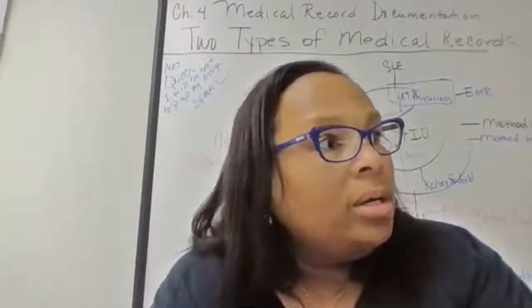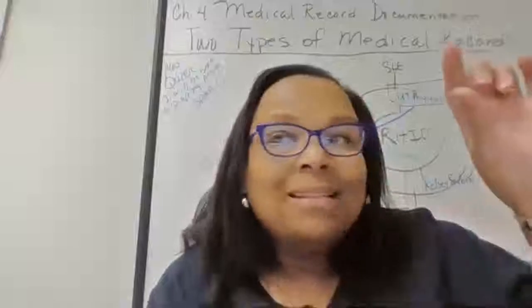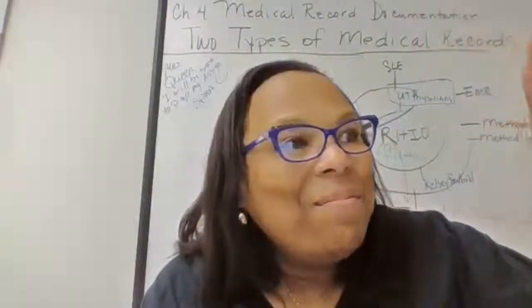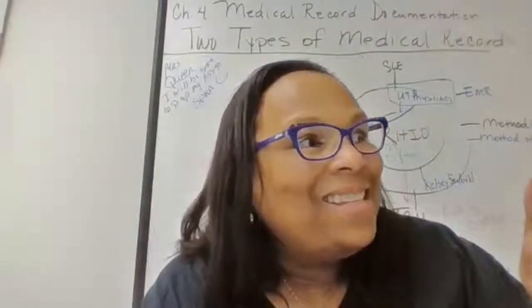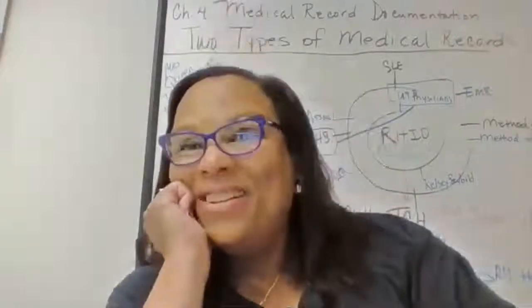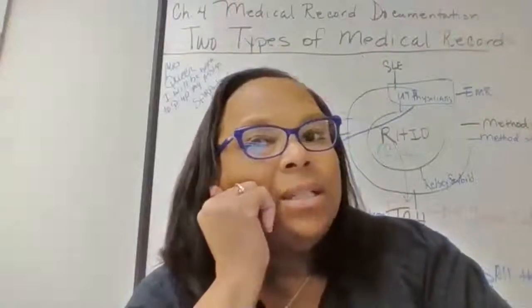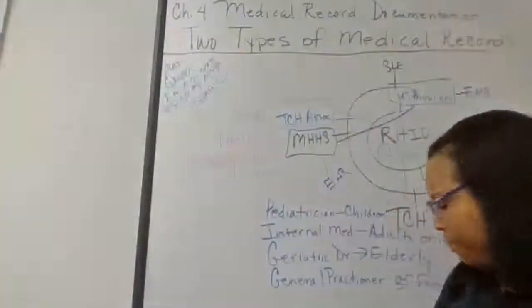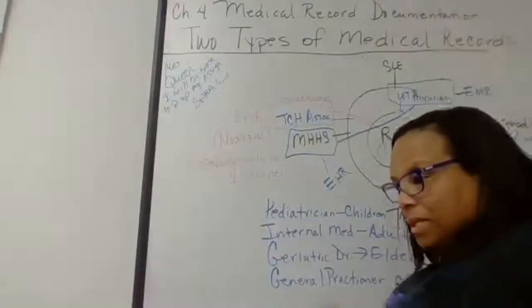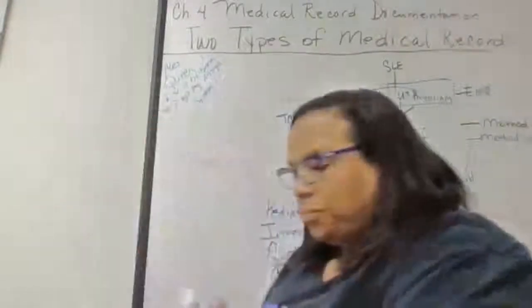What type of medical records do we use in a physician office? It is the last name. It's alphabetic. Very good. So remember what I said. It may start off, say, for example, if your last name is Smith.